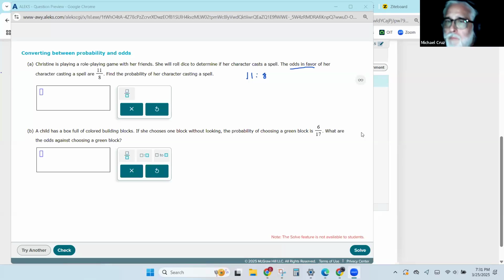All right. So find the probability of her casting that spell.